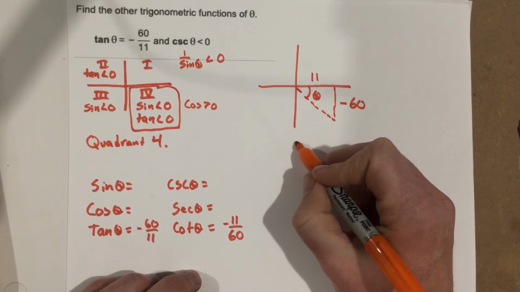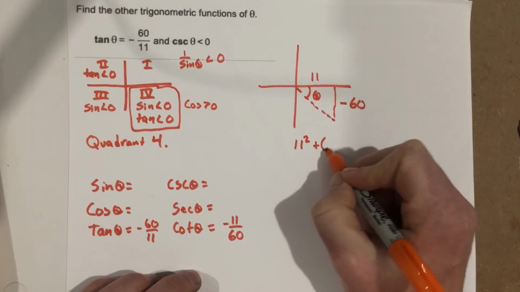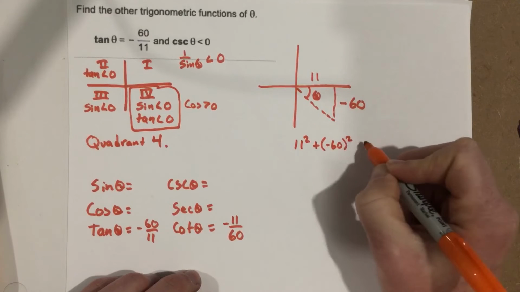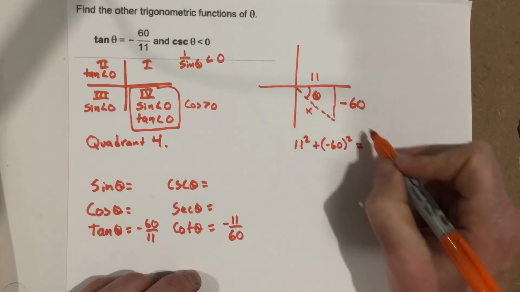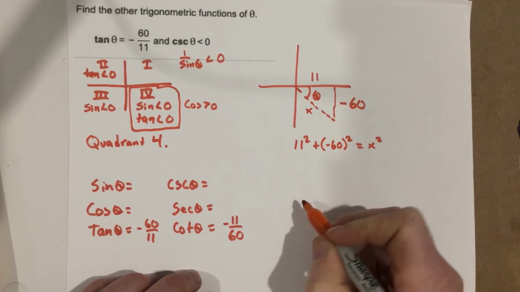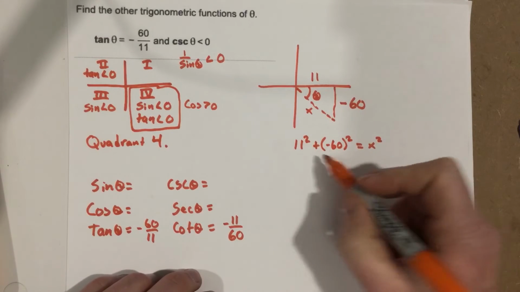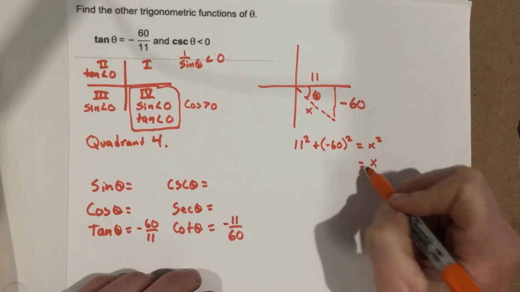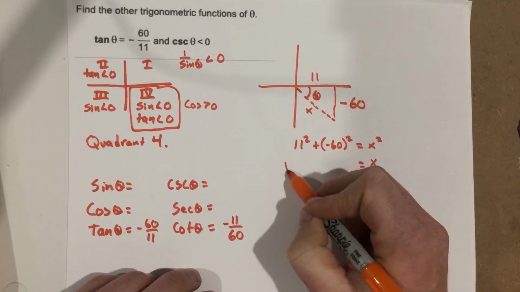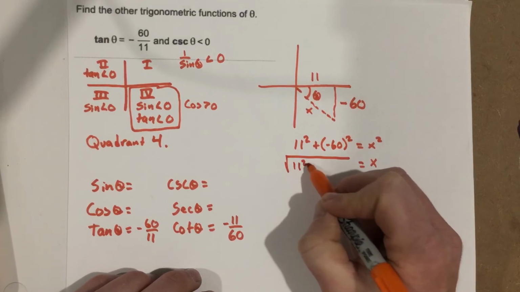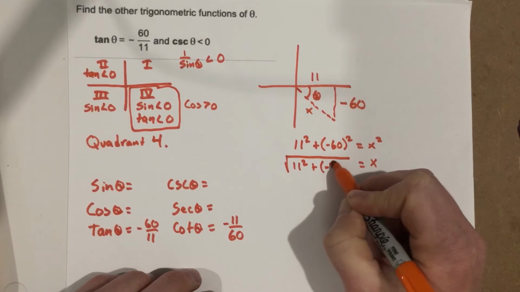How do we get this value right here? Well, we can use the Pythagorean Theorem. 11 squared plus negative 60 squared equals, I'll call this x squared. So I'm going to take the square root of that to find x. So I get the square root of 11 squared plus negative 60 squared.